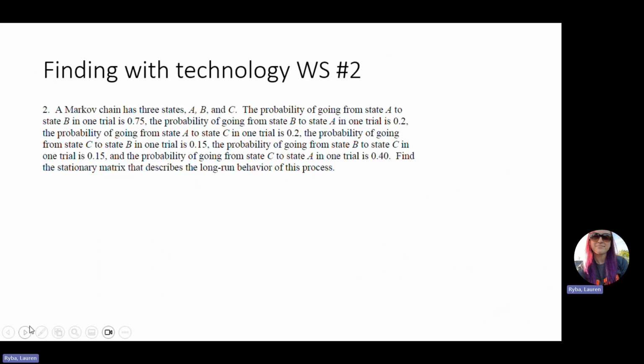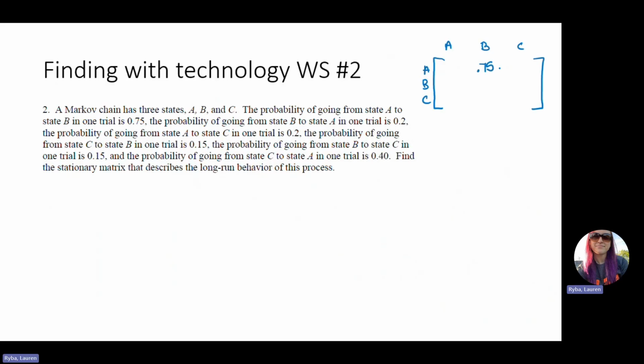A Markov chain has 3 states, A, B, and C. So as I read this again, I'm going to create my transition matrix for A, B, and C. The probability of going from A to B in one trial is 0.75.